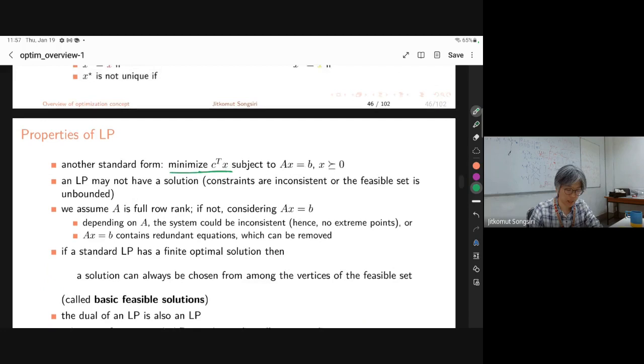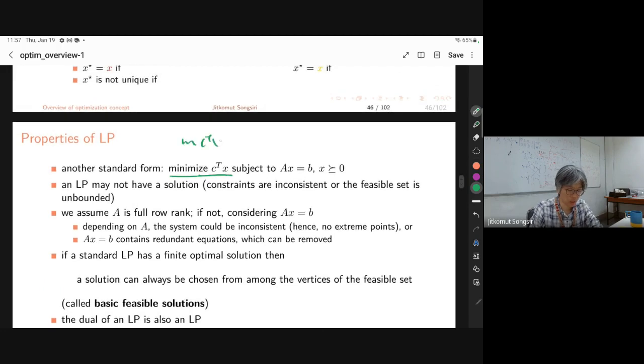The standard one that we see is minimize C transpose X, and then you have linear inequality and linear equality as a separate set of constraints. This standard form can also be rearranged into a single linear inequality, but with non-negative constraints on X.